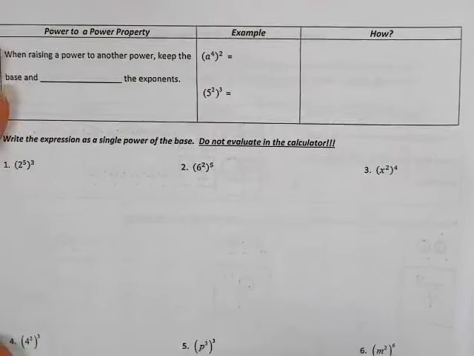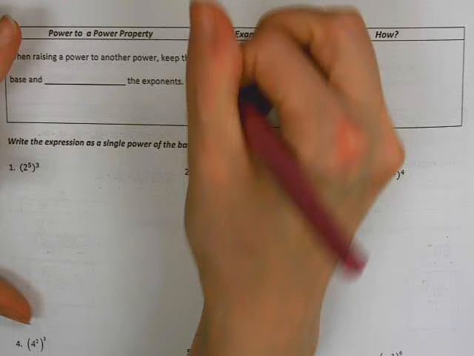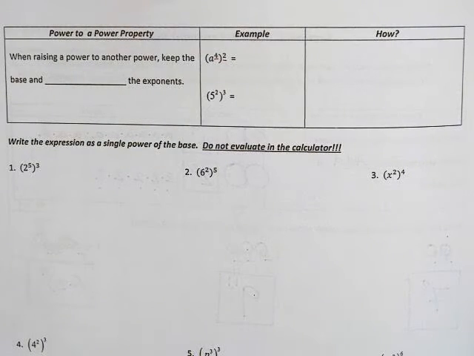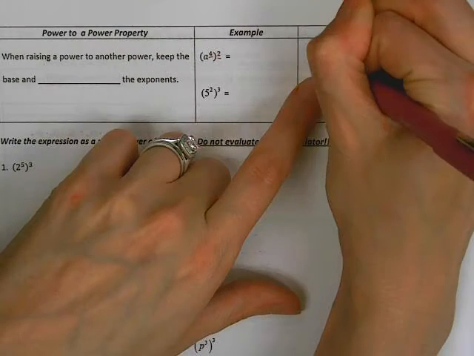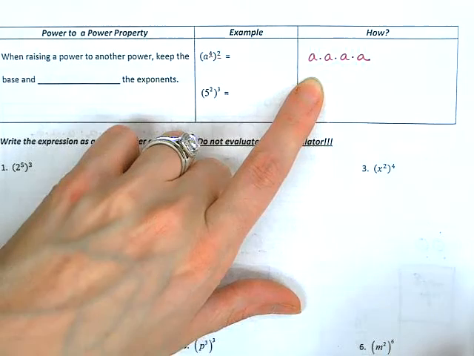All right, so this one is, what if you only have one base, but you have a power to another power? Let's see what happens here. a to the 4th means you have 4 a's. a times a times a times a, 4 times.